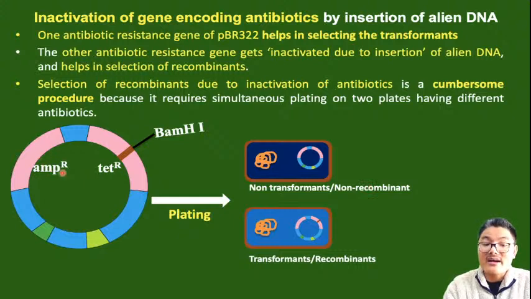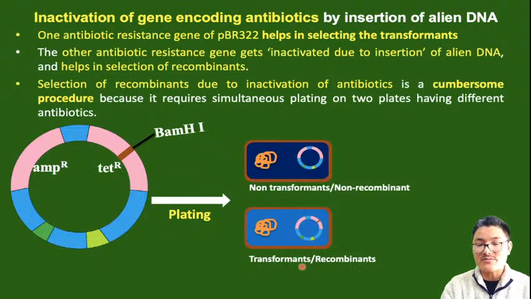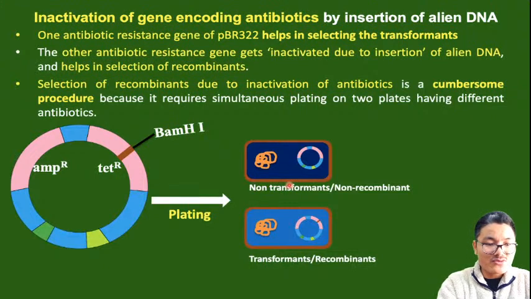Whenever we cut one of the antibiotic-encoding genes with a restriction enzyme, say BamHI at its recognition site, and insert a new or desired gene there, the tetracycline resistance gene is inactivated, and the ampicillin resistance gene helps us in selecting the transformants from non-transformants. That is the main concept that you have to understand.